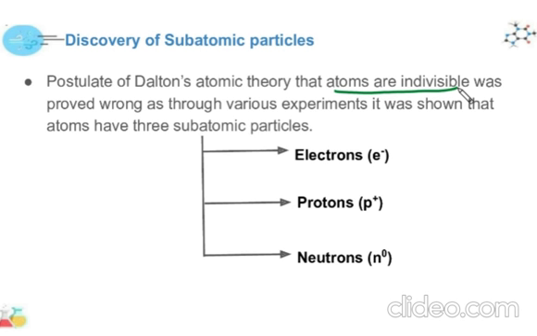It was shown that atoms also have three subatomic particles in them, which are electrons, which are the negatively charged particles, also represented by e minus. Next, protons, the positively charged particles also named as p plus, and neutrons, which are the neutral particles. So even under atoms, which Dalton said were indivisible, we found electrons, protons and neutrons.